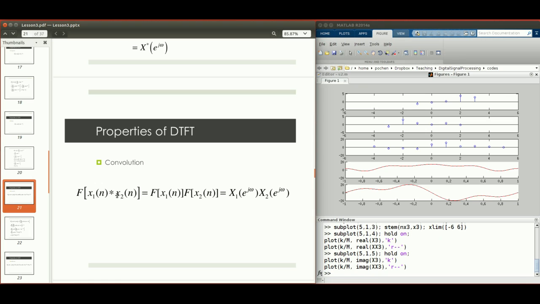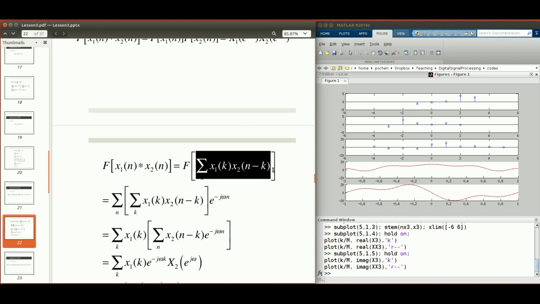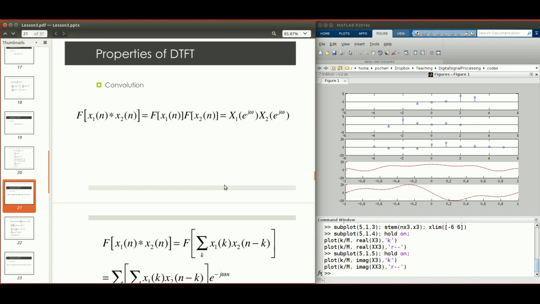If the two signals are very long, you do a Fourier transform first, then a multiplication in the frequency domain, and then convert the result back to the time domain using an inverse Fourier transform, which can be far more efficient than doing the convolution in the time domain, right? This efficiency gain becomes more and more obvious as the two signals get longer and longer. For very long signals, convolution calculation in the frequency domain is more efficient.